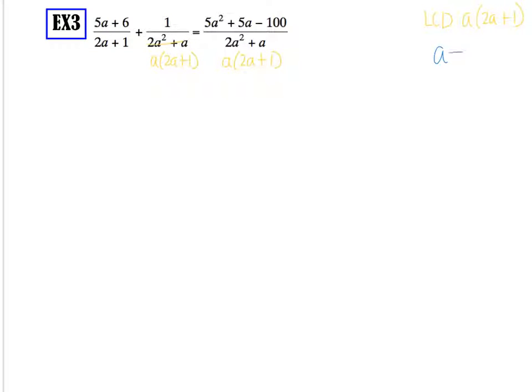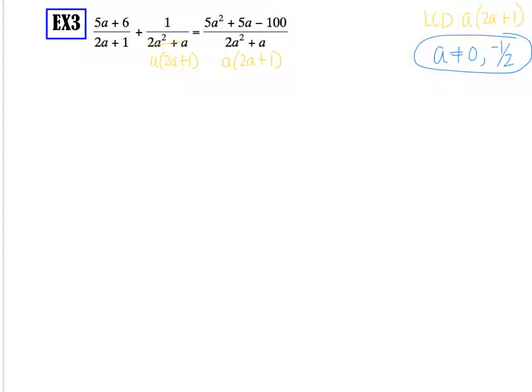So the values that a cannot be are 0. And then if I set up 2a plus 1 equals 0, I would solve that, and I would end up with a cannot be negative 1/2. Because I would subtract the 1 and divide by 2. So if I had plugged in negative 1/2 in for a, I would end up with 0. So those are my restricted values that I'm just going to keep in mind until I solve my equation.